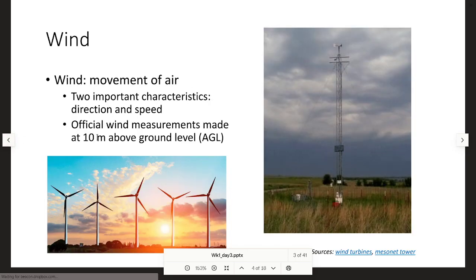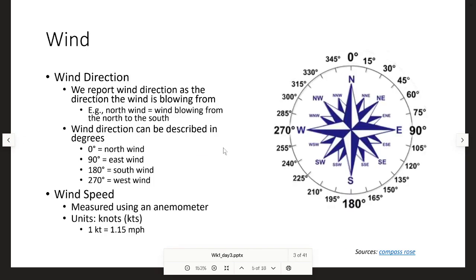Here's a fun little compass thing. We report wind direction from where the wind is blowing from. So if you call it a north wind, the wind is blowing from the north to the south.